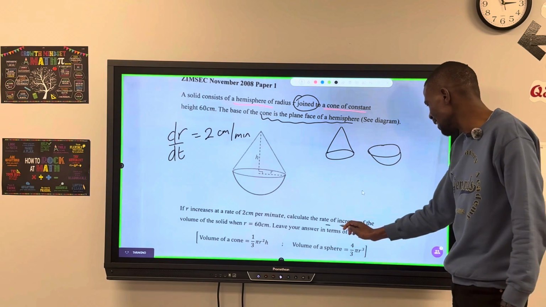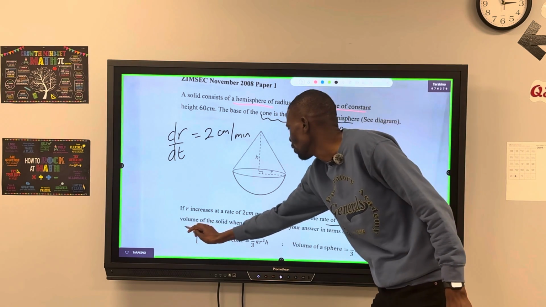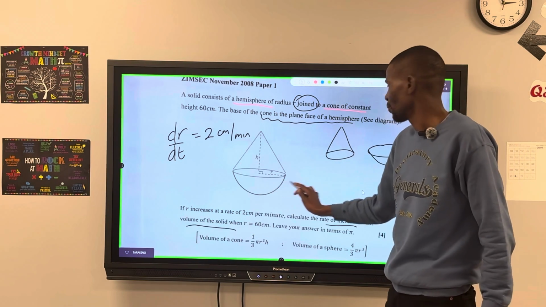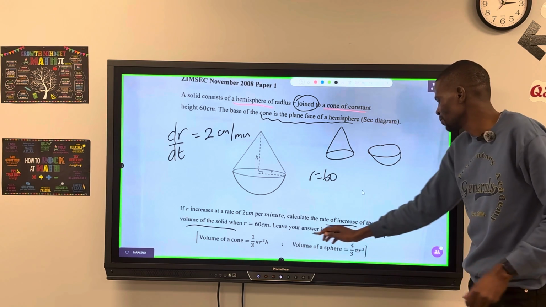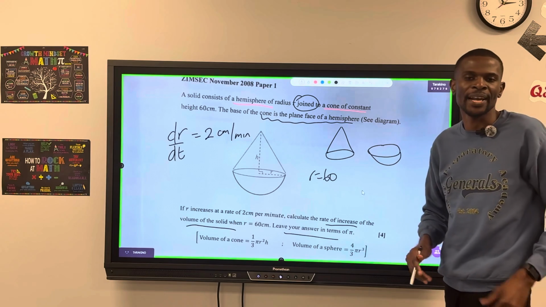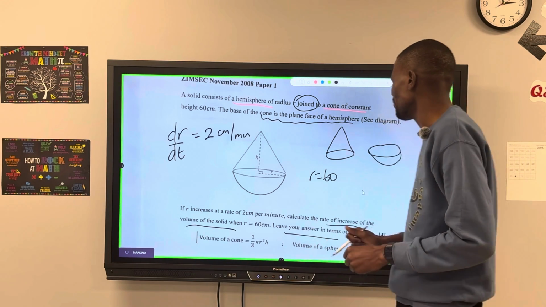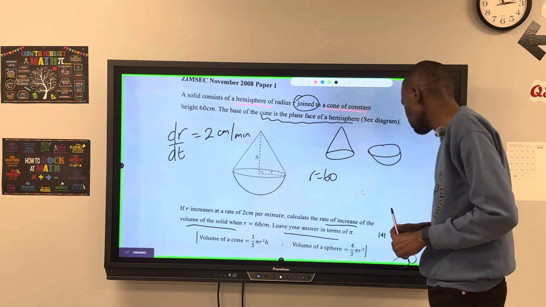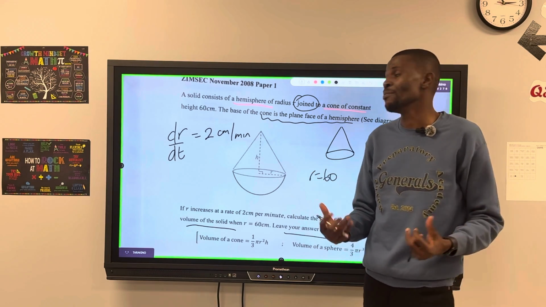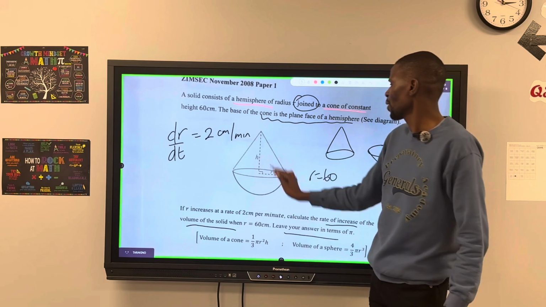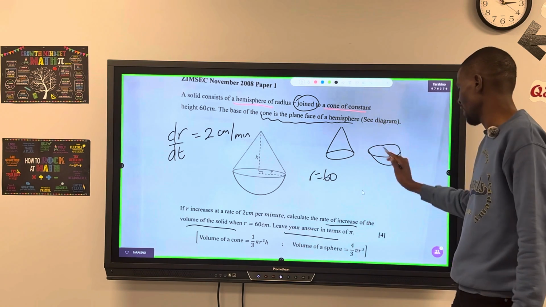Calculate the rate of increase of the volume of the solid when r is 60. We are going to leave this answer in exact form, in terms of pi. This is the combined volume, meaning we add the volume of a cone and the volume of a hemisphere.